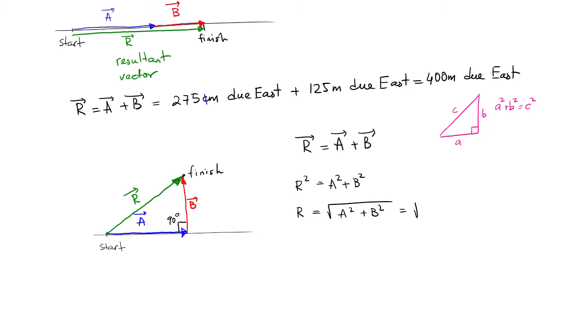Now I can plug in the numbers. That is 275 meters squared plus 125 meters squared. Punch this into a calculator, we will get 302 meters.